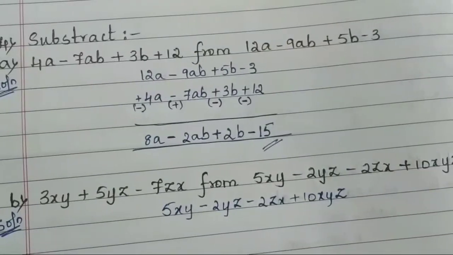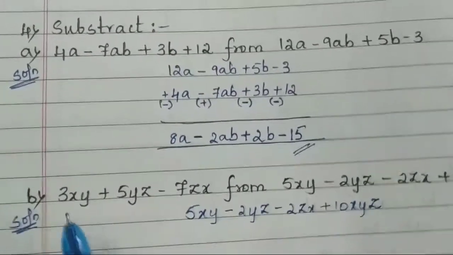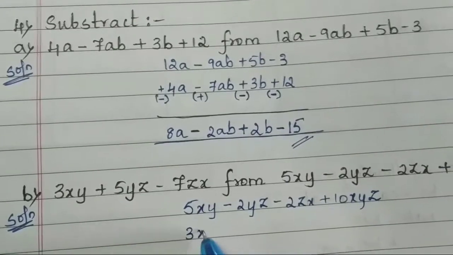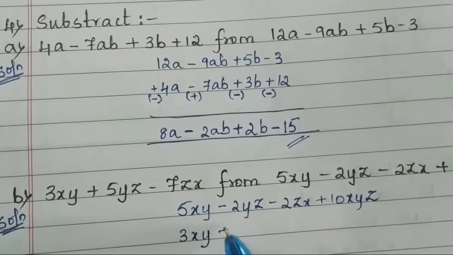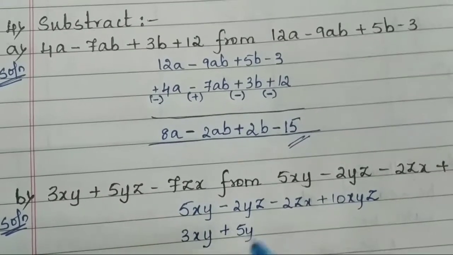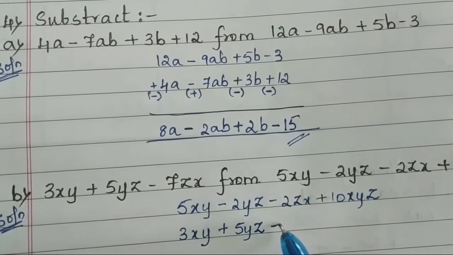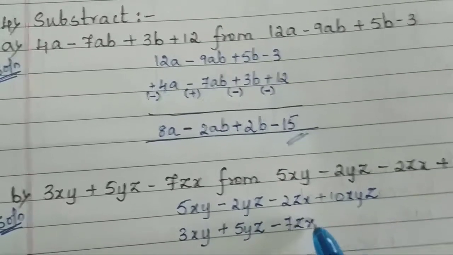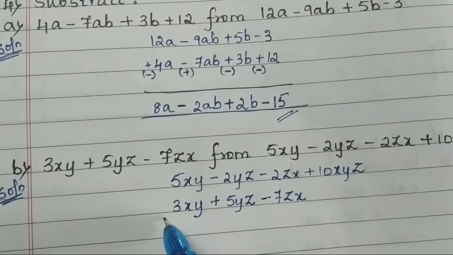Okay, so we have to subtract this. So 3xy will be coming below 5xy, and 5yz will come below yz, and 7zx will come below 7zx. Okay, so as usual, in case of subtraction, we have to change the sign.